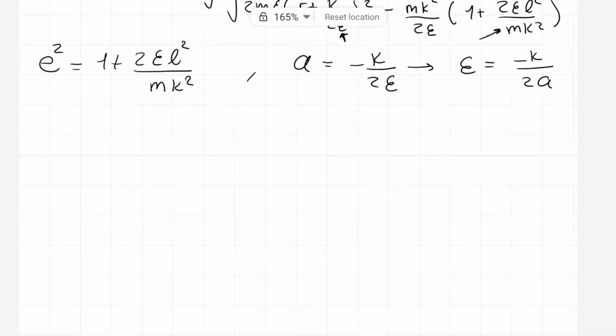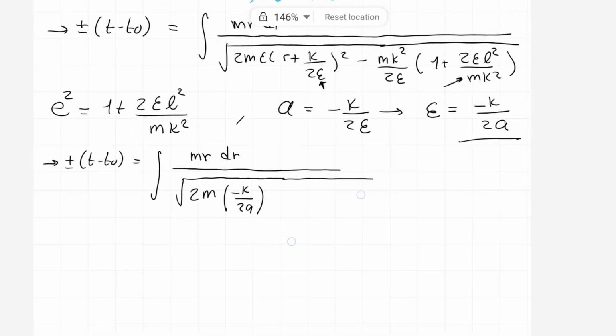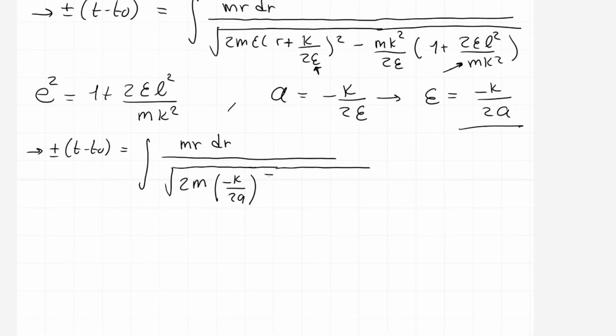So if we rewrite this expression, we are going to get plus minus t0 equals the integral of mr dr all over, well, the square root of 2mE, but E is this, so negative k over 2a, times, well, let me just write E to make it easy.